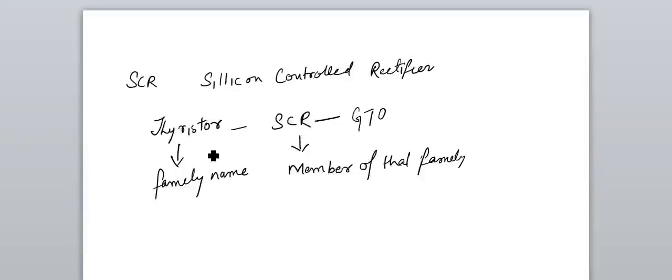Now, what does thyristor mean? Thyristor means any device that has three or more than three layers of PN junction.